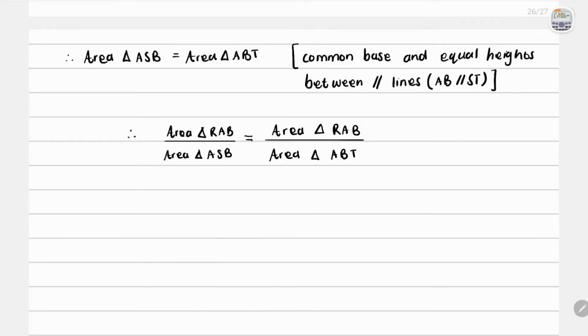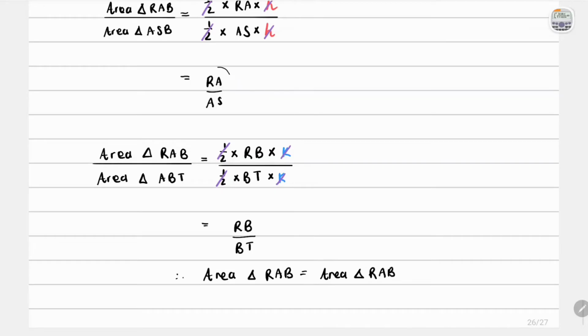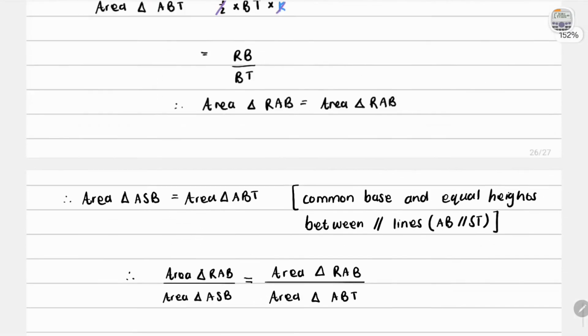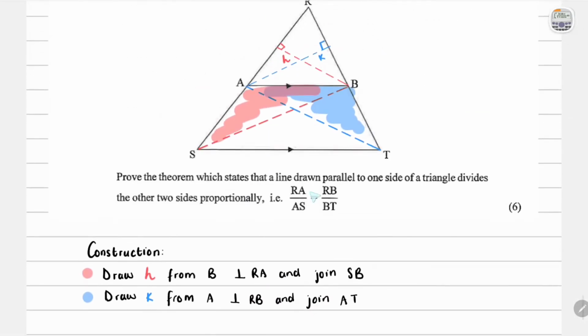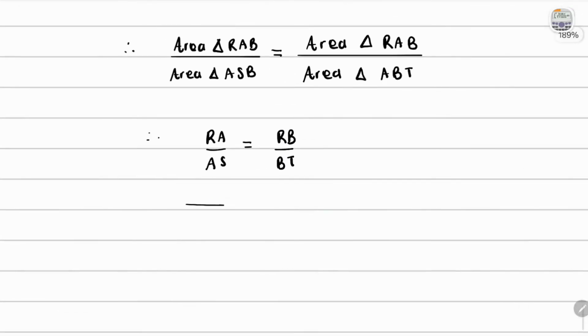And since their areas are equal, we can therefore now conclude what they simplify to would be equal. This is finally equal to this. Okay, so their ratios will also be equal. So this will be RB over BT. And when we look at what they told us to prove, do you see that it's exactly the same? Prove that RA over AS equals RB over BT, and we have proven this.